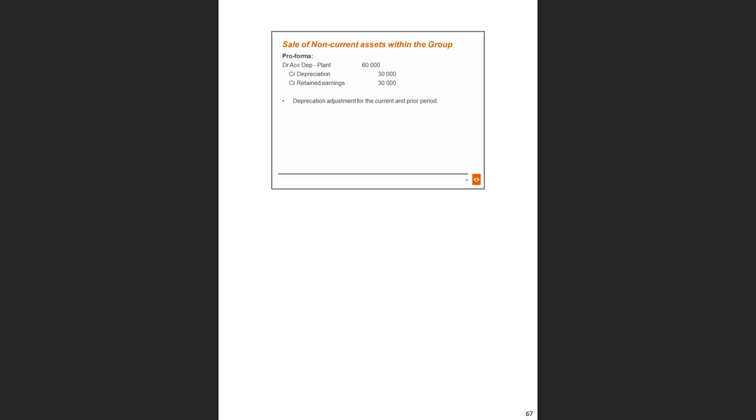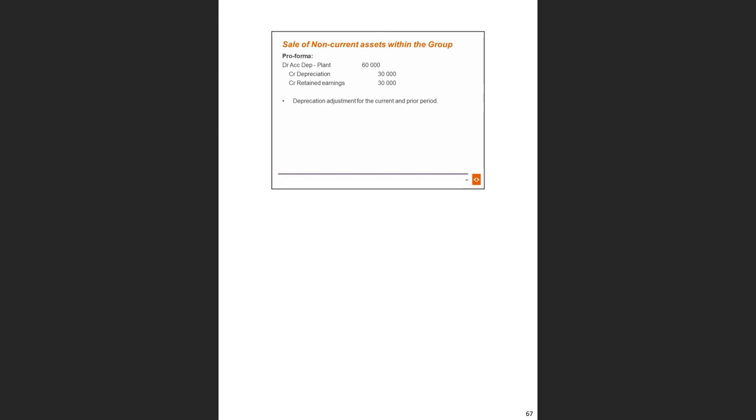We're adjusting for the depreciation for the current year, and we're adjusting for the depreciation which was included in the profit and retained earnings in the prior year. So we're going to debit accumulated depreciation plant, and we're crediting depreciation for current year depreciation and crediting retained earnings for depreciation relating to the prior year.